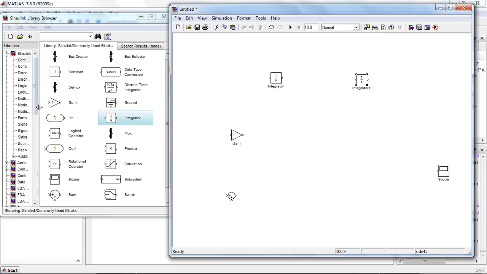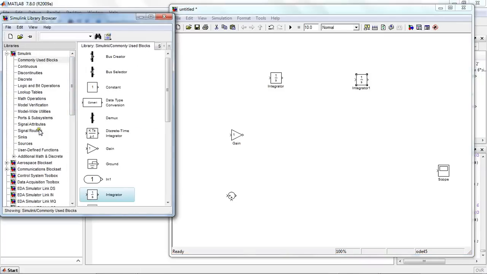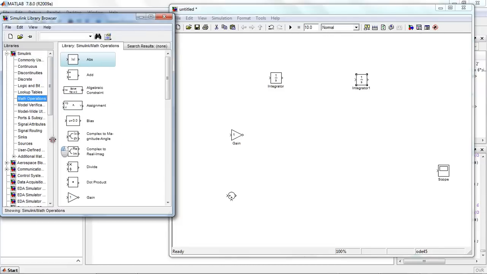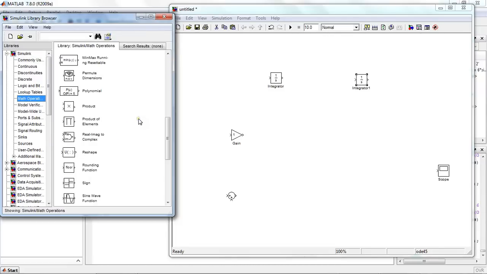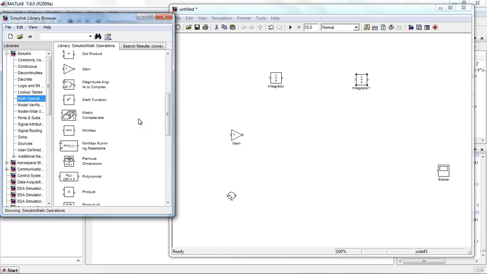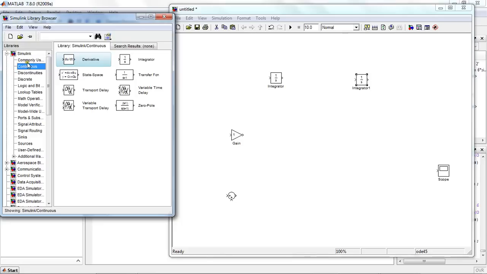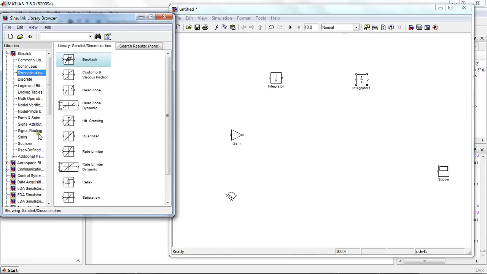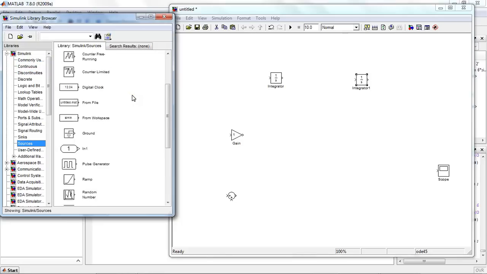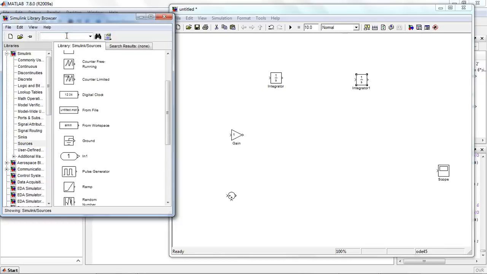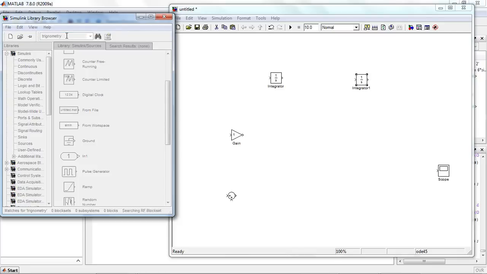So for that we'll go to the mathematical operations. So over here we have a trigonometry. Where is a trigonometry? If they're not there, we go to this thing, commonly used. So if we're not able to find it, we can search it over here. Trigonometry.